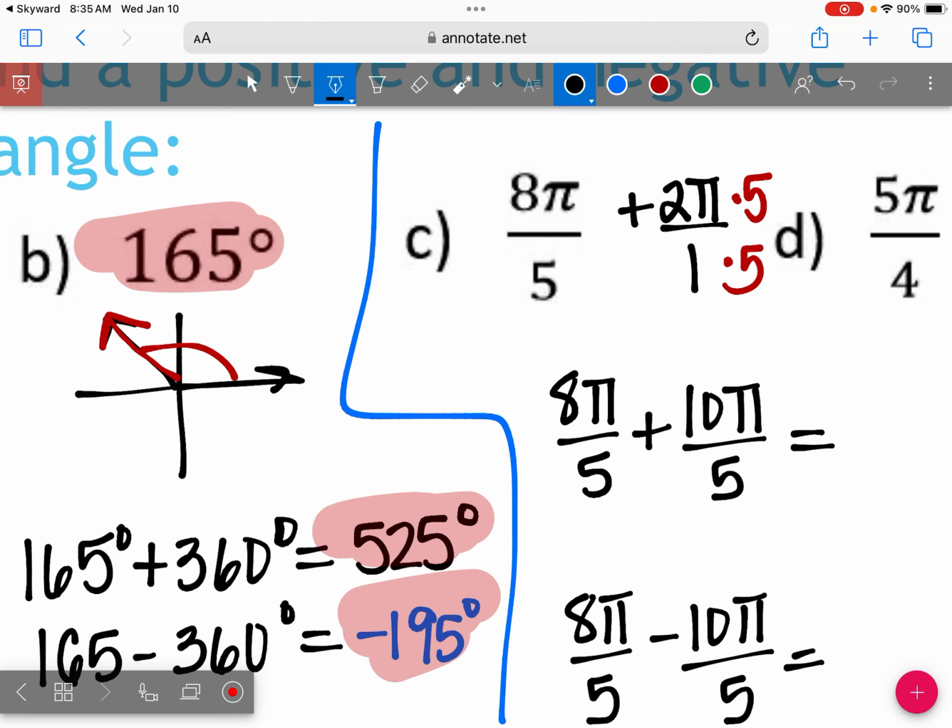All right, go ahead and get your two coterminal angles. One positive, one negative.